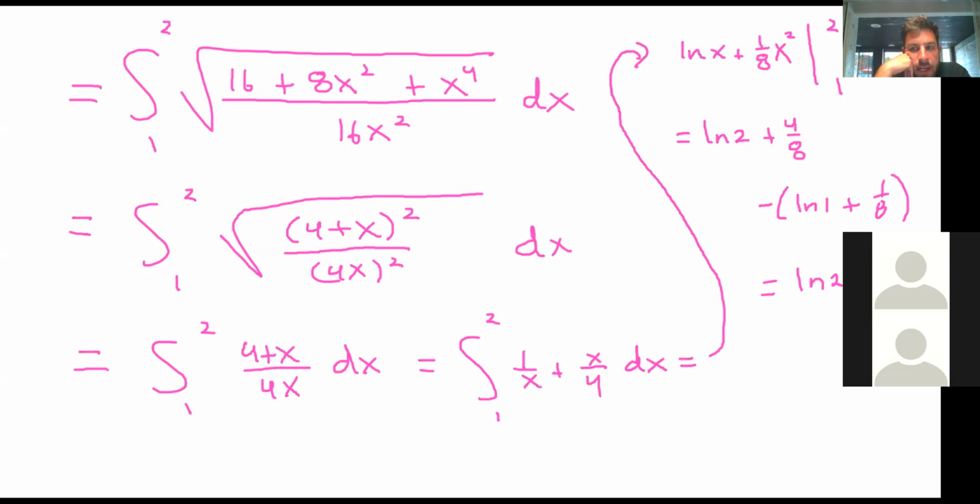Don't forget that the natural log of 1 is 0. That's why it disappeared. Any questions?